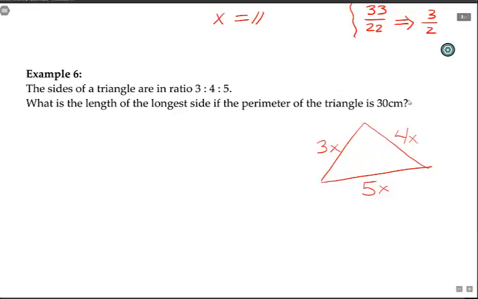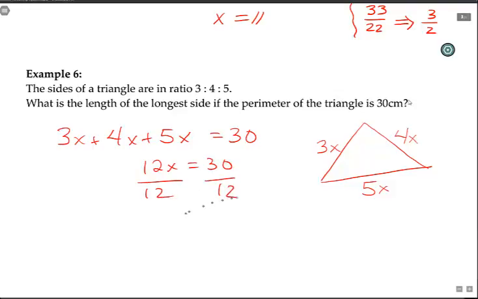So I've got 3x plus 4x plus 5x as my equation. That gives me 12x. And we're going to set that 12x equal to 30. We divide both sides by 12, and we reduce that. 30 divided by 12 is 2.5. So my value of x is 2.5.